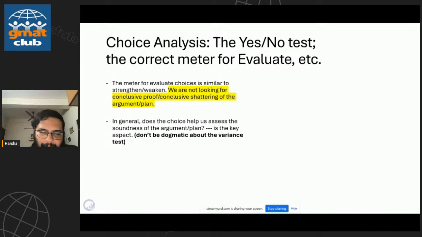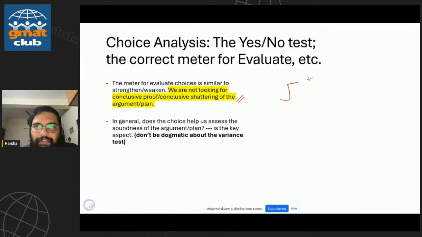Because of this aspect of the choice being a combination or amalgam of strengthen and weaken, the meter of what works and what does not work is exactly the same as strengthen and weaken. We are looking for choices that, if taken one way, make you believe in the argument. It does not have to conclusively prove the argument.